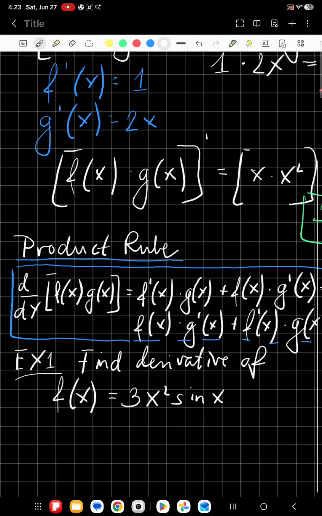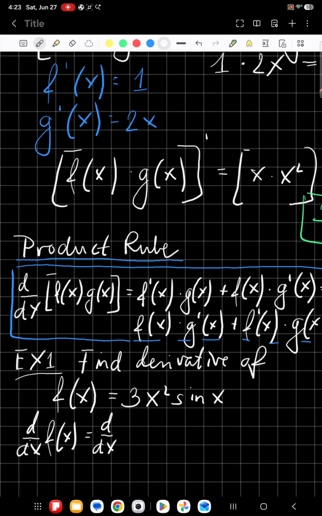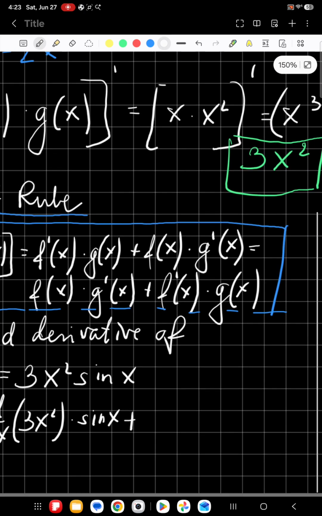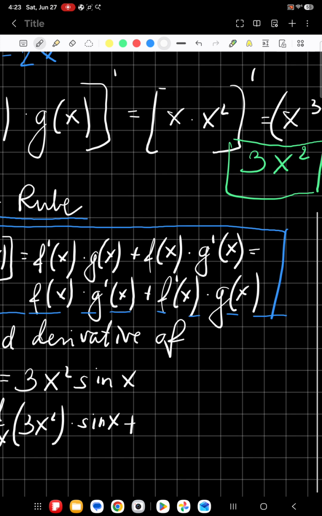So d/dx of f of x. I'll use this notation: d/dx of 3x squared, so I'm taking the derivative of the first, times sine x, plus. Now I do 3x squared, so I'm not changing that first function, times the derivative of the second function.